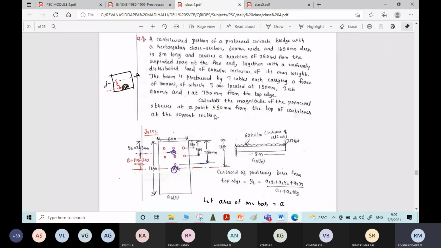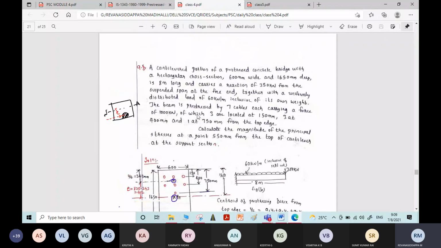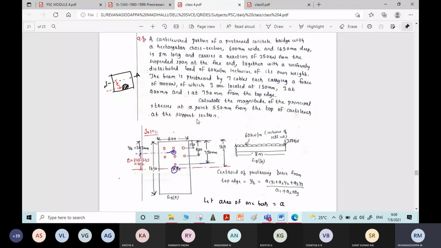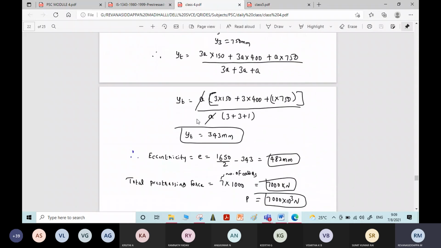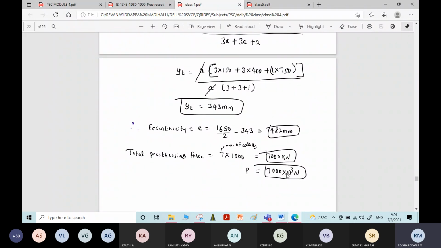In the problem there are 7 cables, each carrying a force of 1000 kilonewton. For 7 cables, the total pre-stressing force is 7000 kilonewton or 7000 into 10 power 3 Newton.